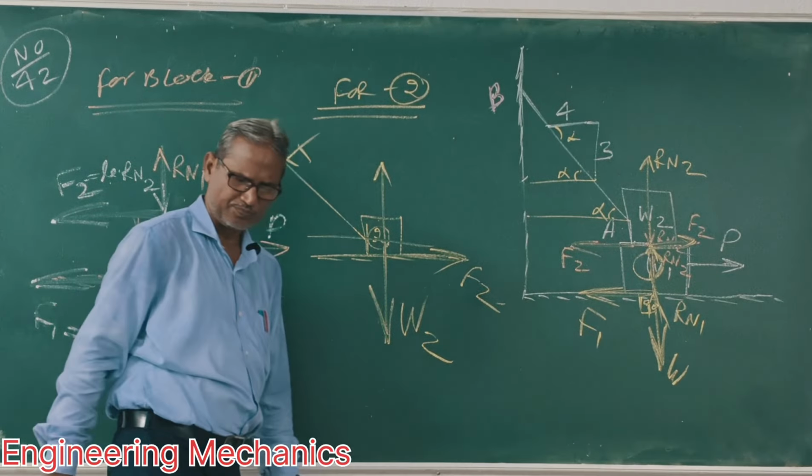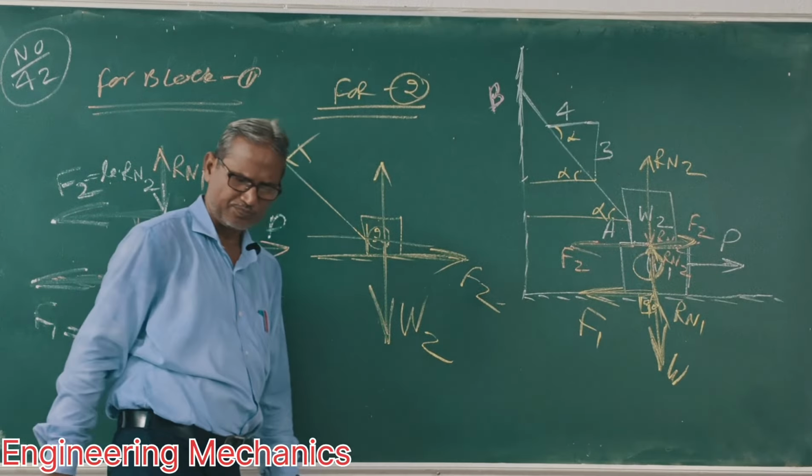For block 2, first sigma Y equals 0. So T sin alpha plus Rn2 is equal to W2. Clear? So what is Rn2?